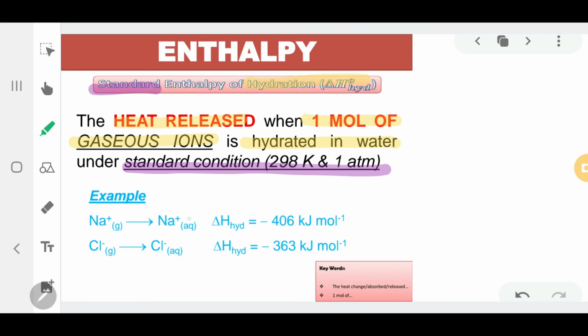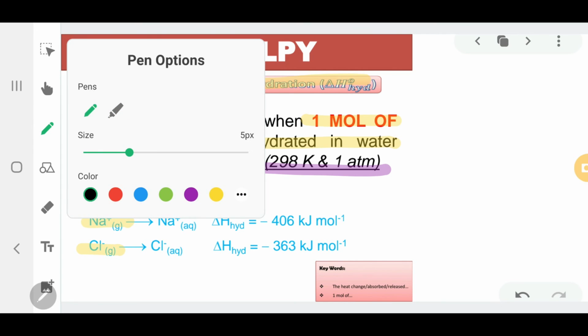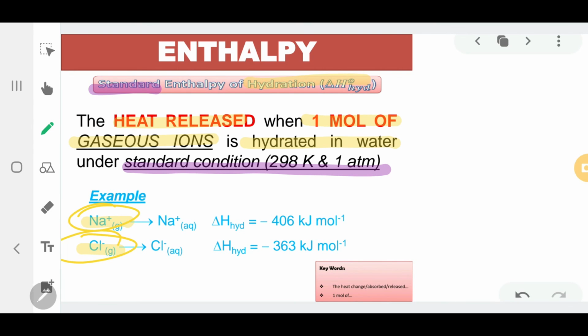You have 1 mole of gaseous ions, so that is the example of gaseous ions. So this and that, those are the 1 mole gaseous ions. And these ions over here in the form of gas will be hydrated, meaning to say you're going to dissolve this or hydrate this with H2O, and now you have Na plus aqueous.